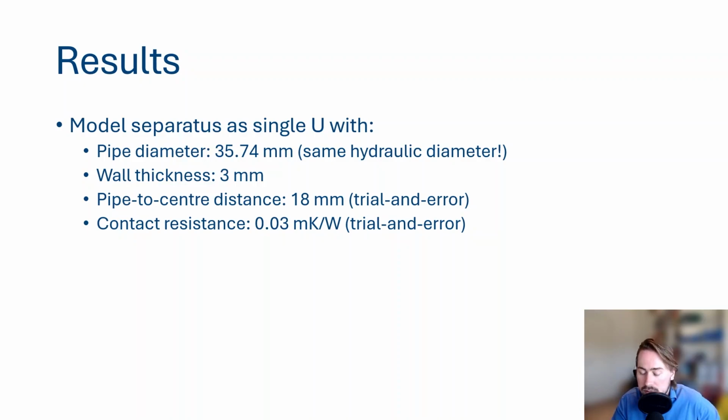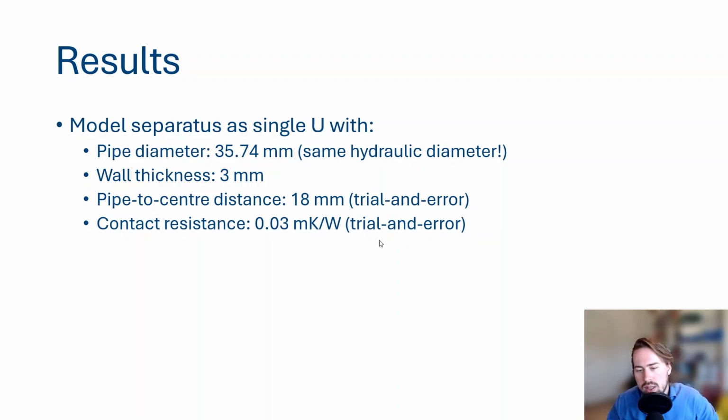So this is taking into account the circumference of your actual pipe and the surface area, and taking those two parameters into account, they can come up with a diameter for a circular pipe which has the same fluid dynamic properties.